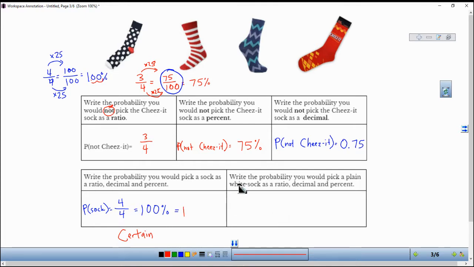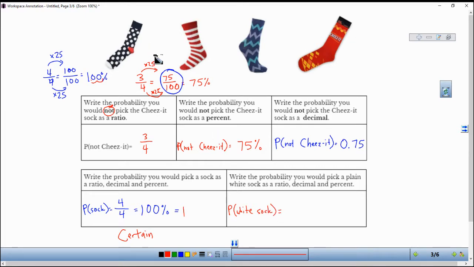All right, let's take a look at another example, kind of similar, but maybe opposite. It says, write the probability you would pick a plain white sock. Well, we're going to write that out, probability of a white sock. Okay, how many white socks do we have?